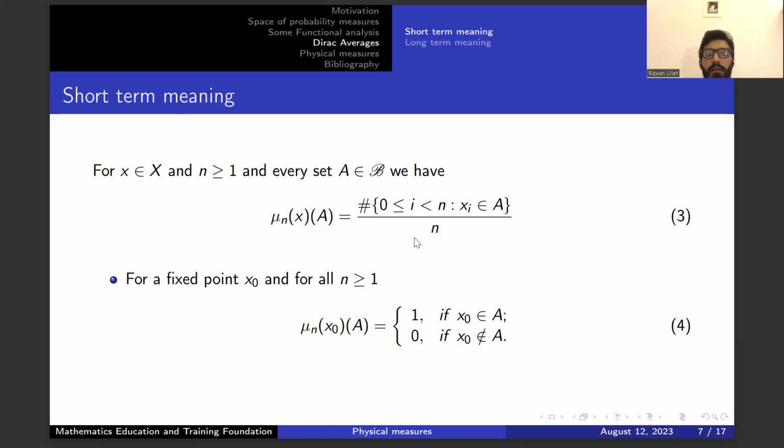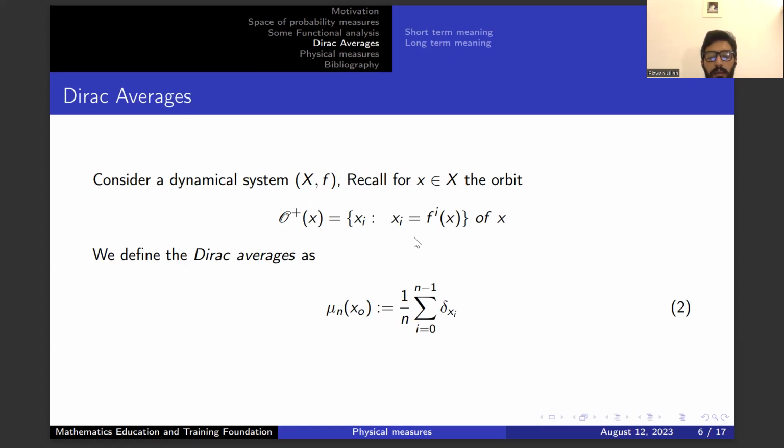You see, the Dirac average is a linear combination of the Dirac measures, and as we saw, the space of probability measures being a convex space, the Dirac average is still a measure.